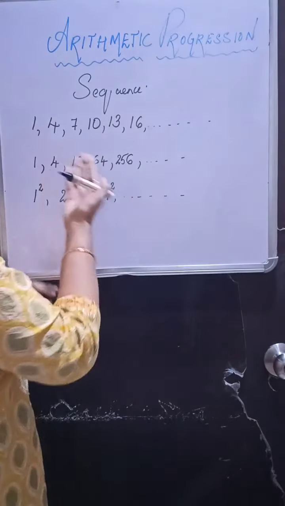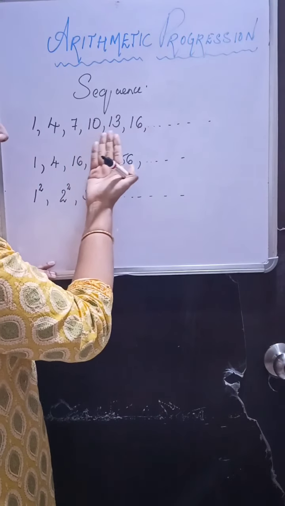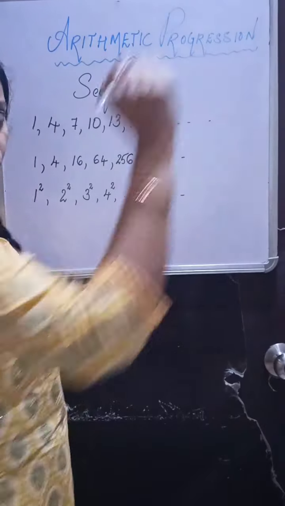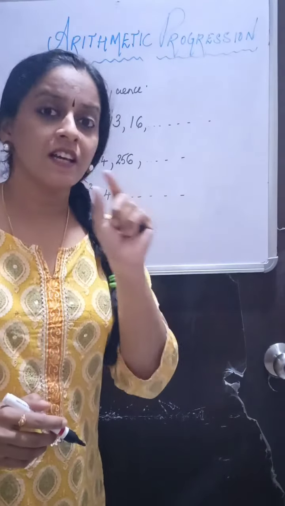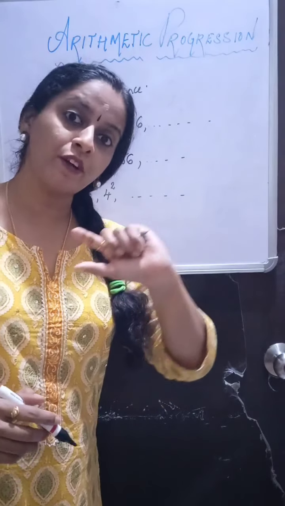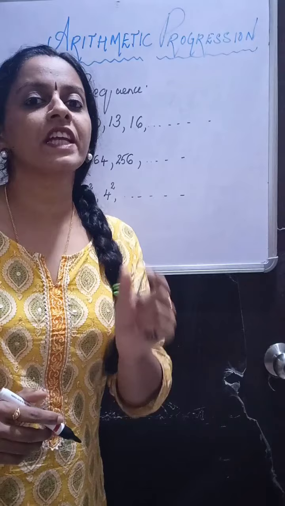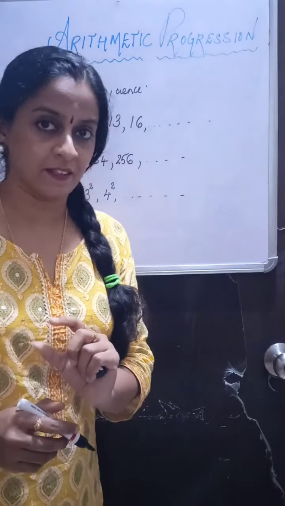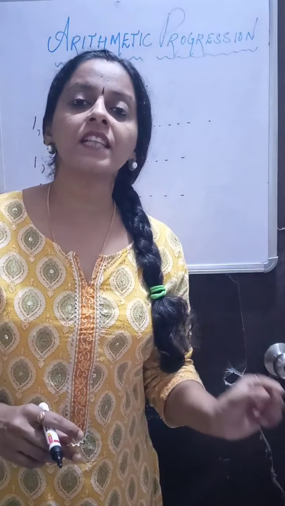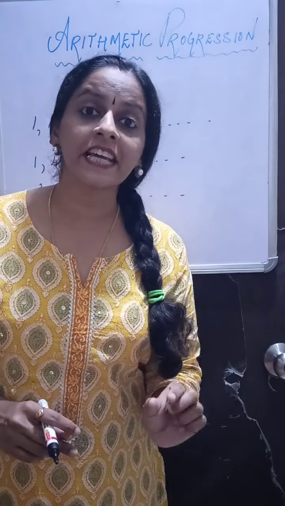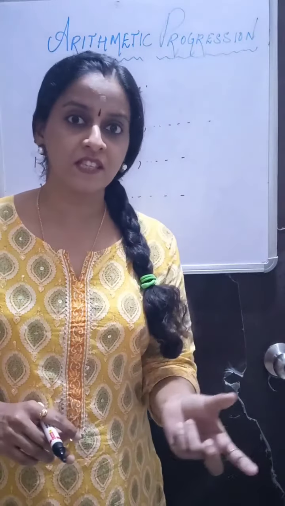See the sequence of numbers here. 1, 4, 7, 10, 13, 16 and so on. So when you look at this sequence, what is a sequence? Sequence is an arrangement of numbers where the numbers follow a certain rule or a fixed pattern.